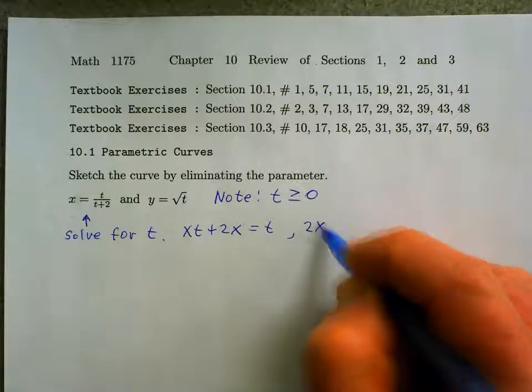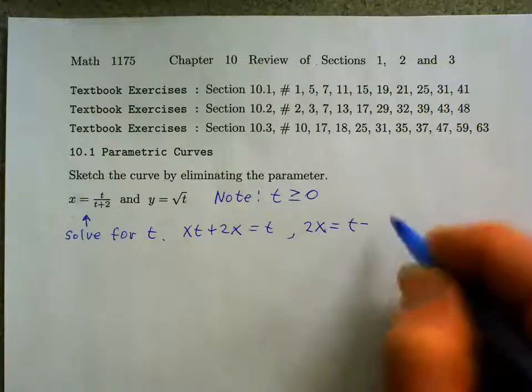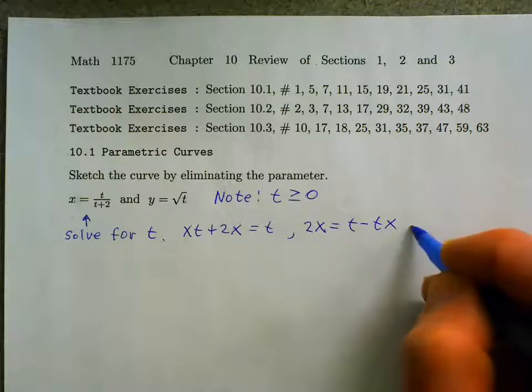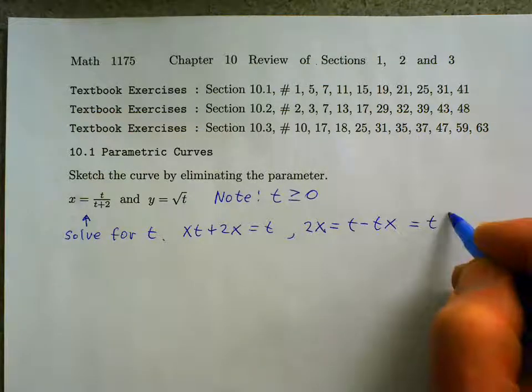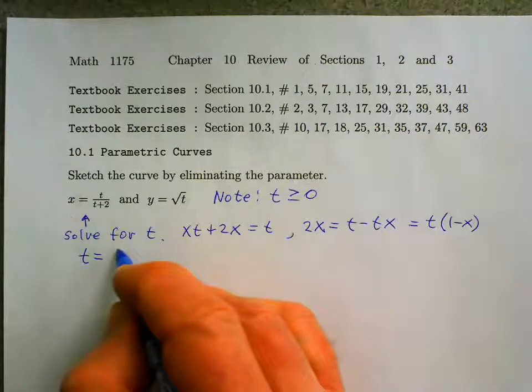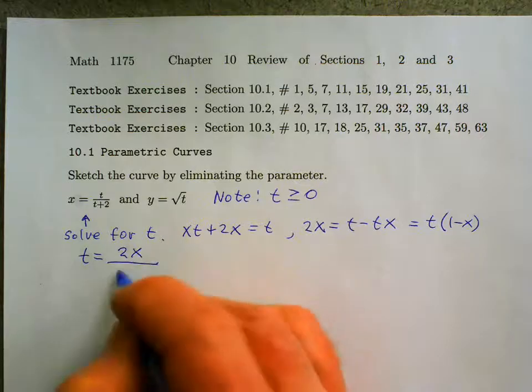And then tx equals t minus 2x. Factor the t out, you get t times 1 minus x. And so t is equal to 2x over 1 minus x.